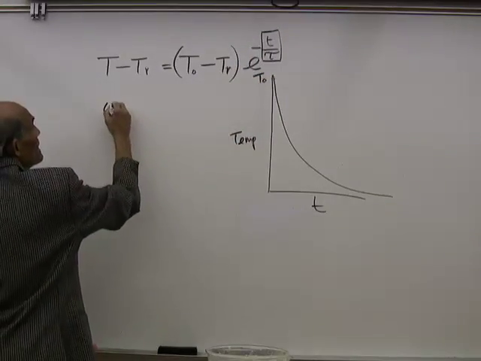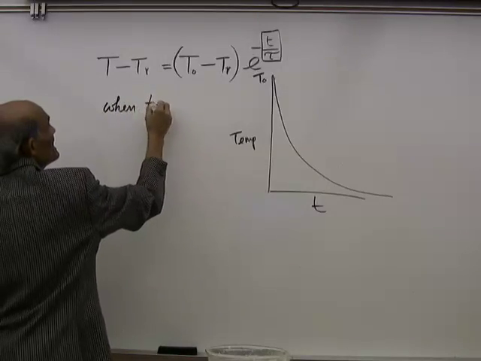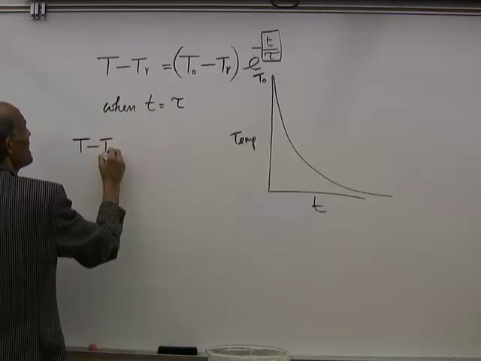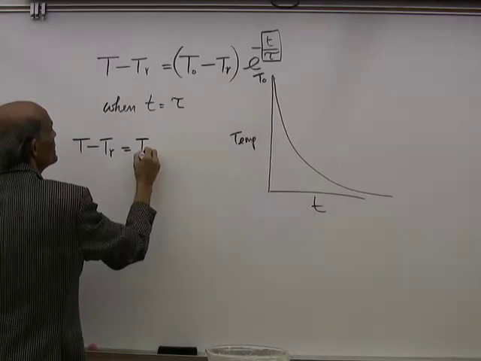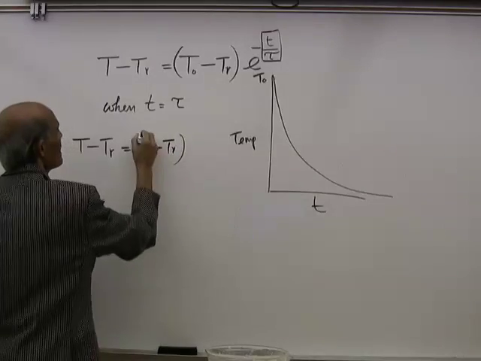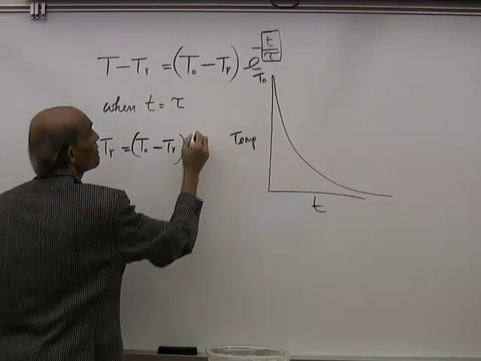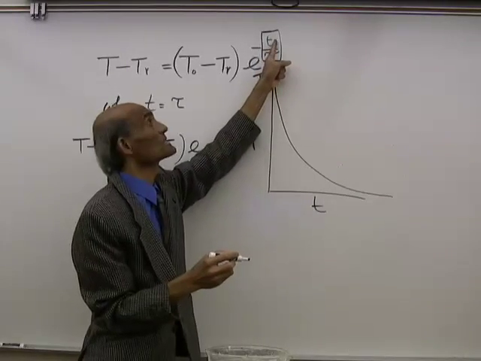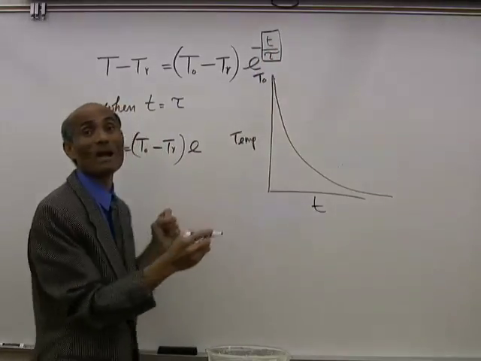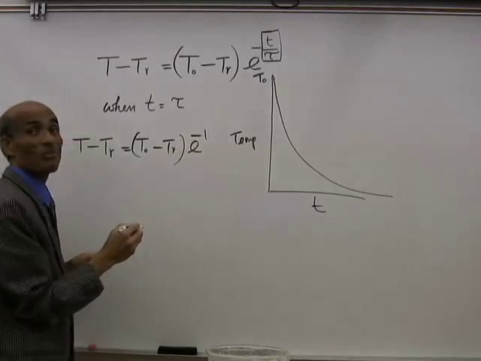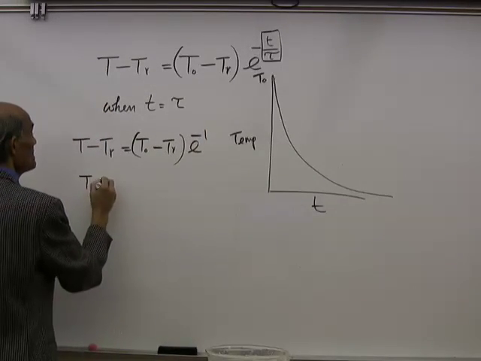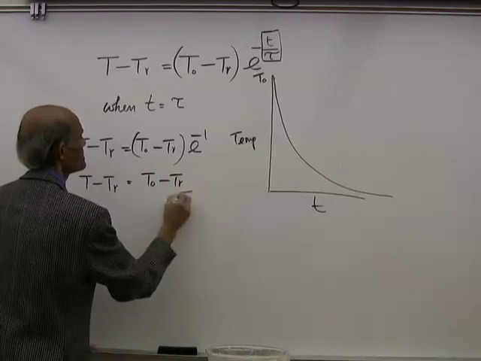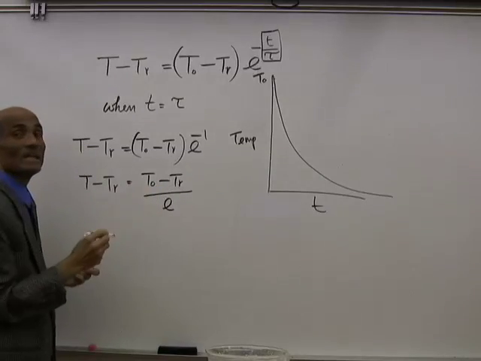So I'm going to say when t equals tau, the equation becomes T minus TR equals T0 minus TR times e to the power of tau divided by tau, that is 1, e to the power of negative 1, or T minus TR equals (T0 minus TR) divided by e.